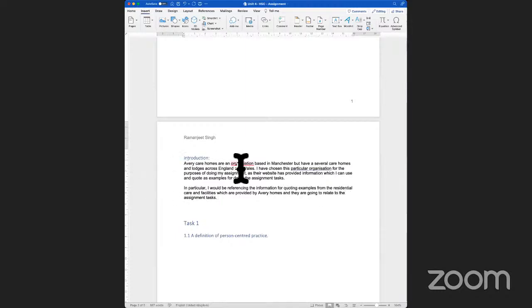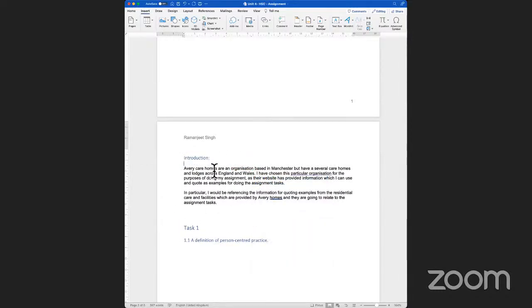Now, this bit is primarily good enough as far as the introduction for the Avery Holmes is concerned. And if there are any bits and pieces that I would normally use, I'm obviously going to reference them towards the end.